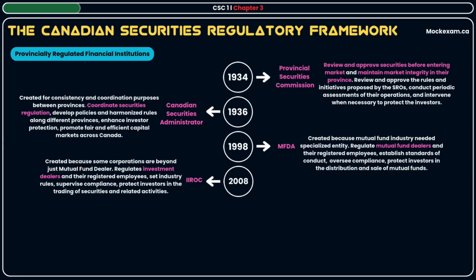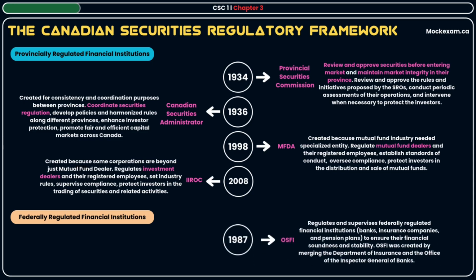So, everything we talked about so far in this lecture applies to provincially regulated financial institutions like investment dealers and mutual fund dealers. But who takes care of federally regulated financial institutions like banks, insurance companies, or pension funds? The answer is OSFI. OSFI is the regulatory body for all federally regulated financial institutions.